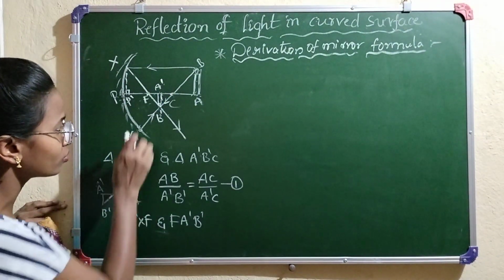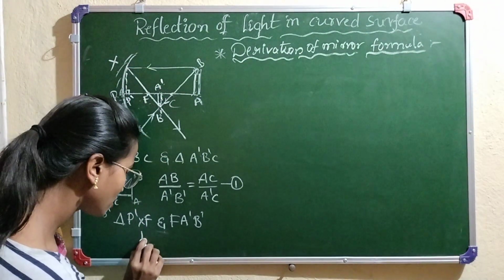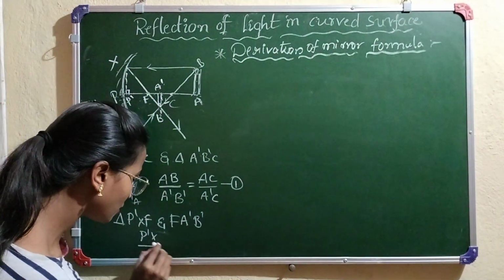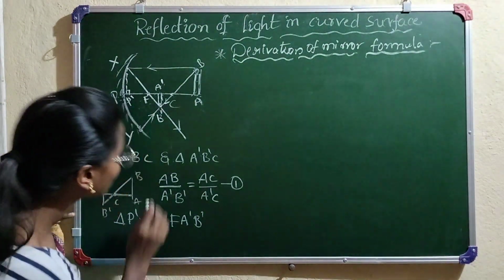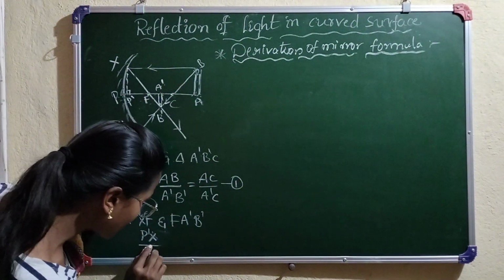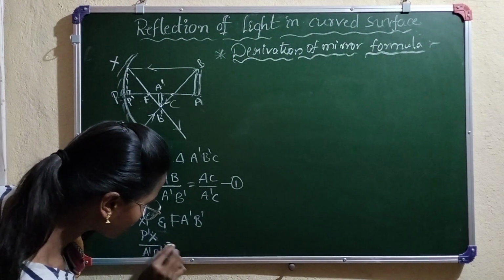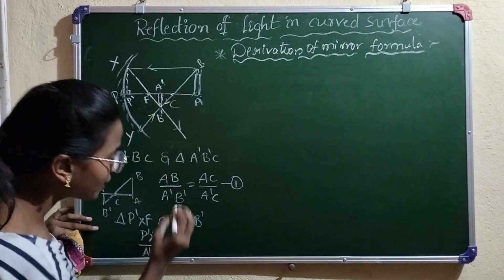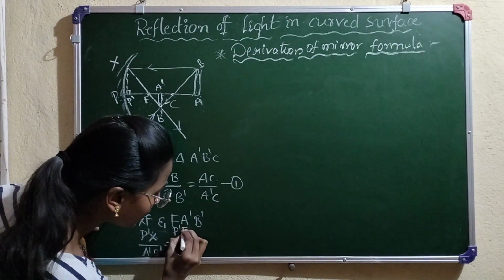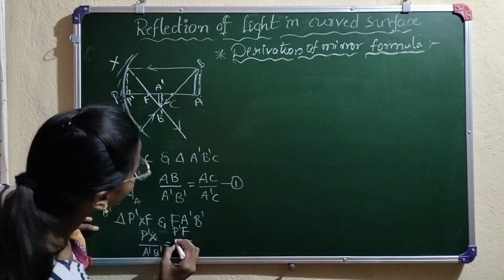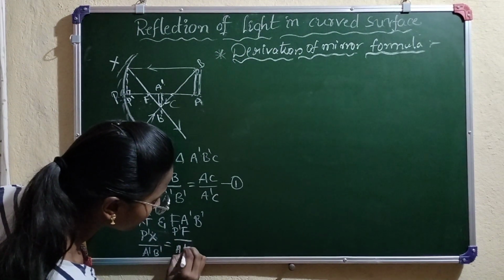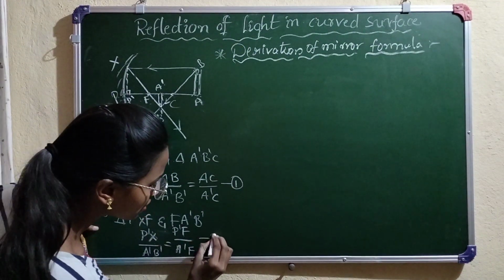From these two triangles, P dash X by A dash B dash is equal to P dash F by A dash F. This is the second equation.